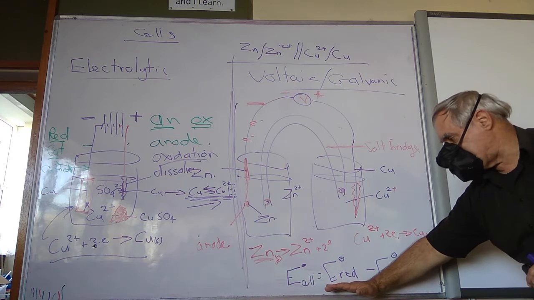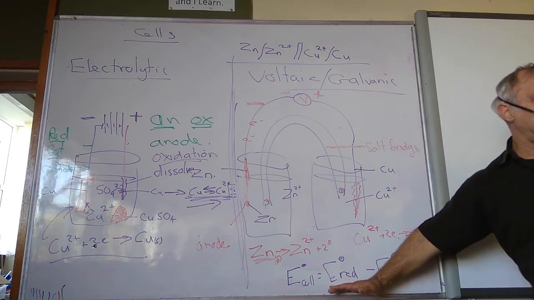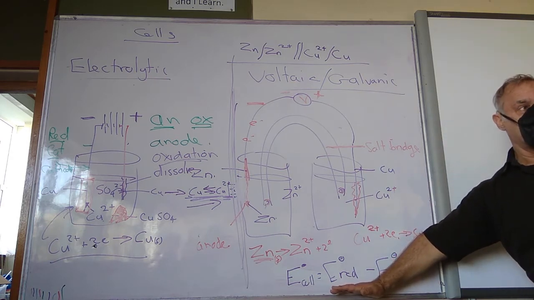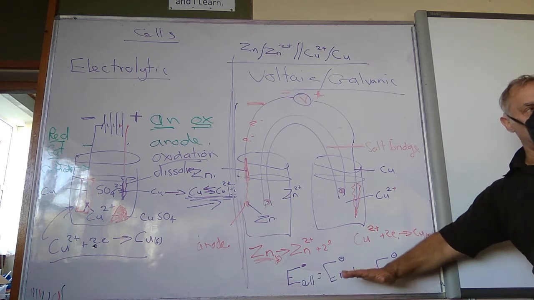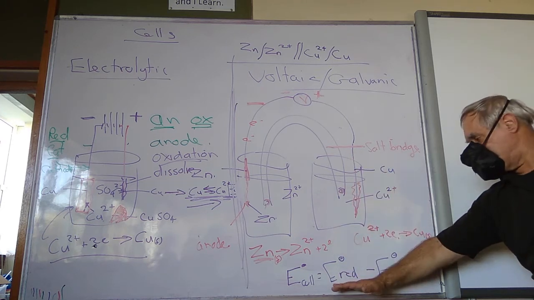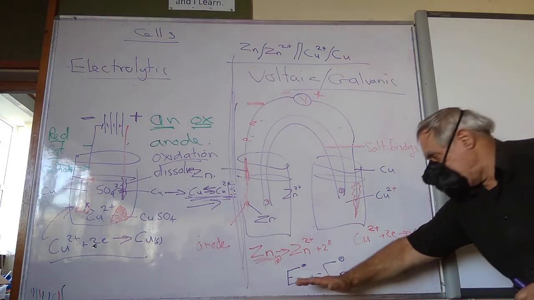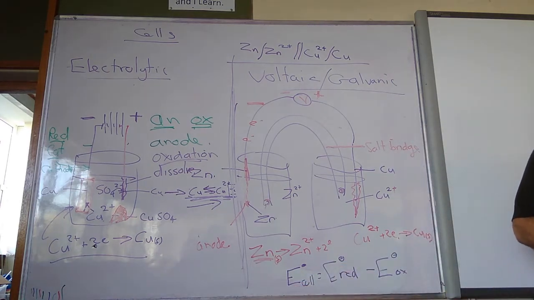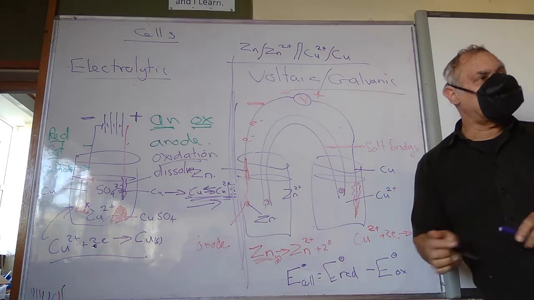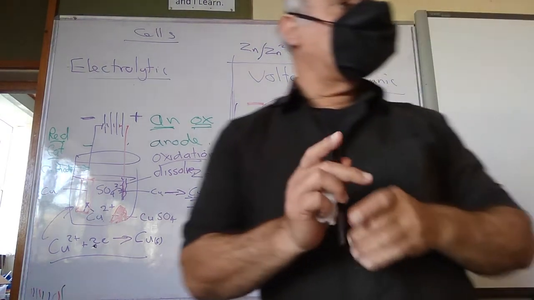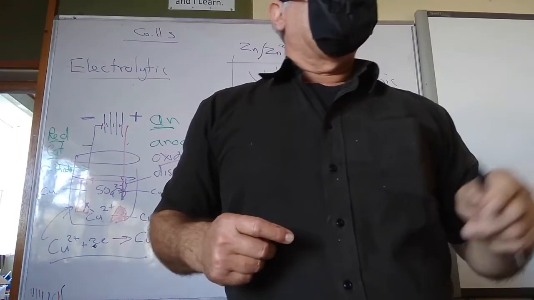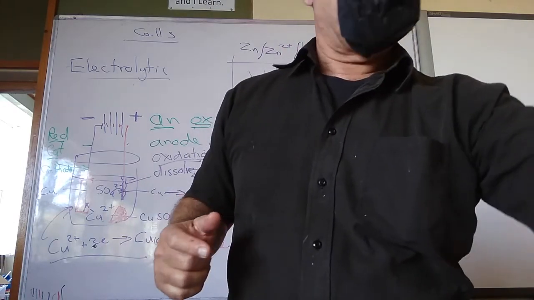Your bottom reaction is plus. We haven't changed it to a negative. So here's the voltage of the lower reaction minus the voltage of the top reaction, equals the voltage of the complete cell. Make sense? Thanks, Pascal. Everything? Great stuff.